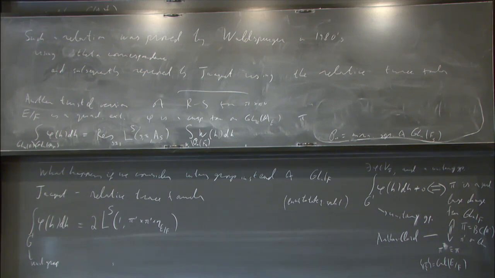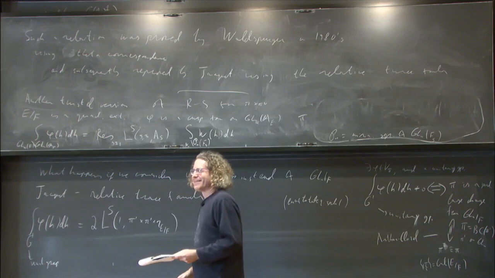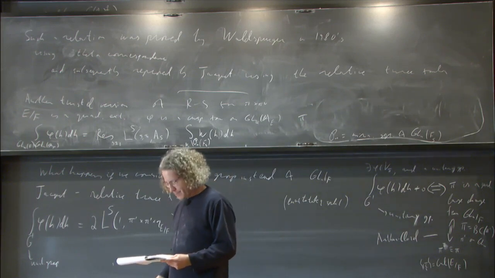So in Jacquet's work, my experience is he never leaves anything untouched. In his case, it would not be L^S, that's why. Are you doing that just for notational? Well, I didn't finish the sentence. Okay, sorry. But I think we should give him credit because he really always works everything out.